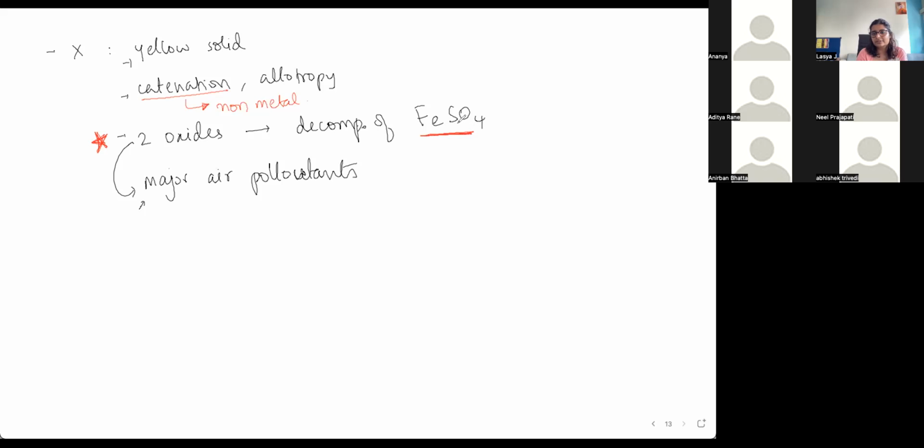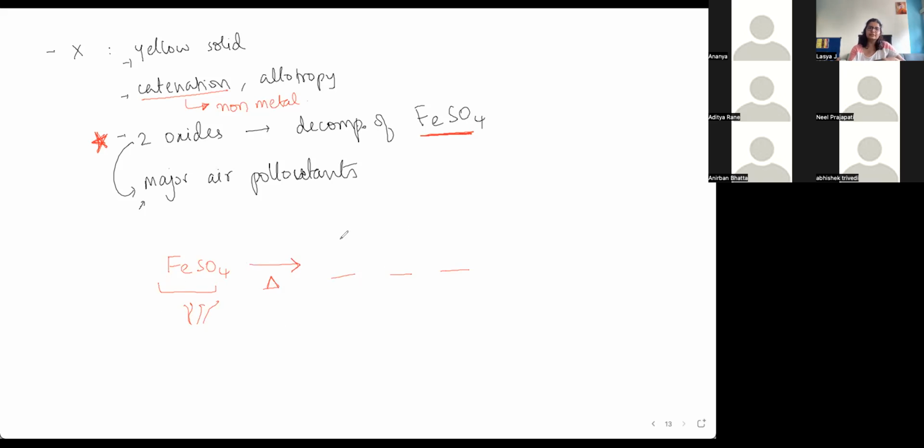So ferrous, what do you guys remember about decomposition reaction? Fe plus. So decomposition means you take a single reactant. If you apply some sort of energy, like thermal decomposition, it's said, we are heating this compound and it gives some products.